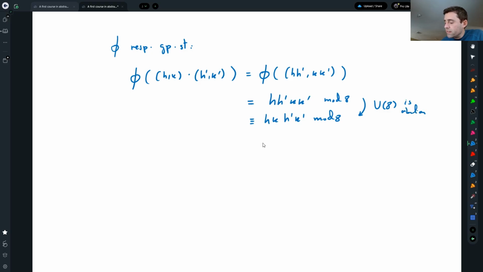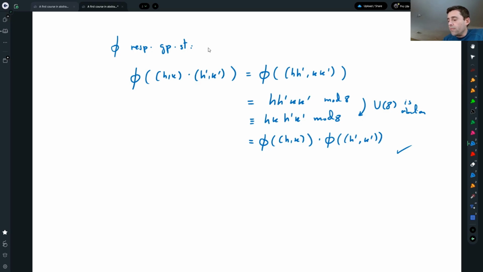And this is, by definition, phi of the pair (h, k) times phi of the pair (h', k'). And therefore, it is preserving group structure.